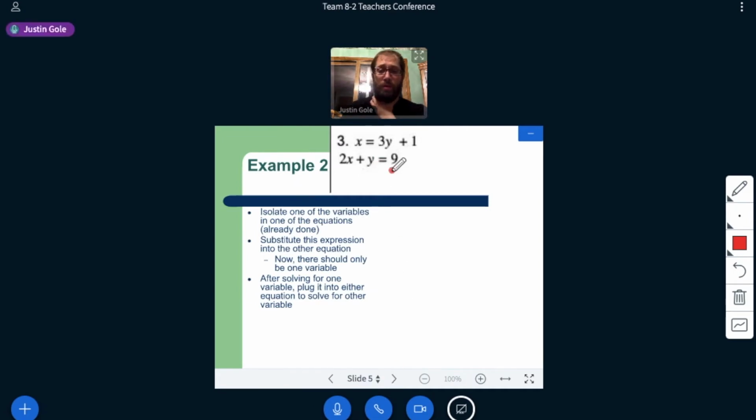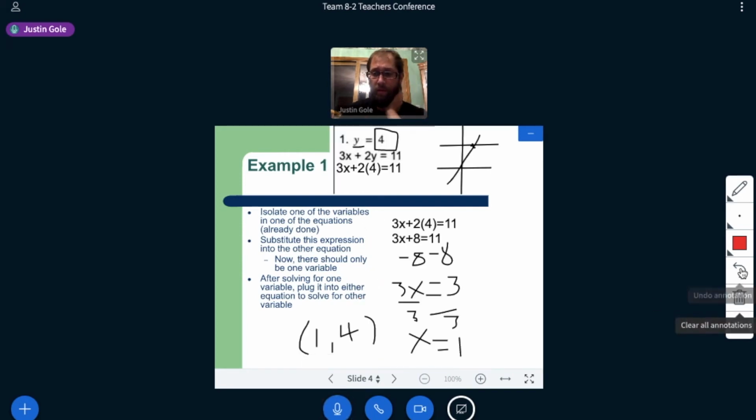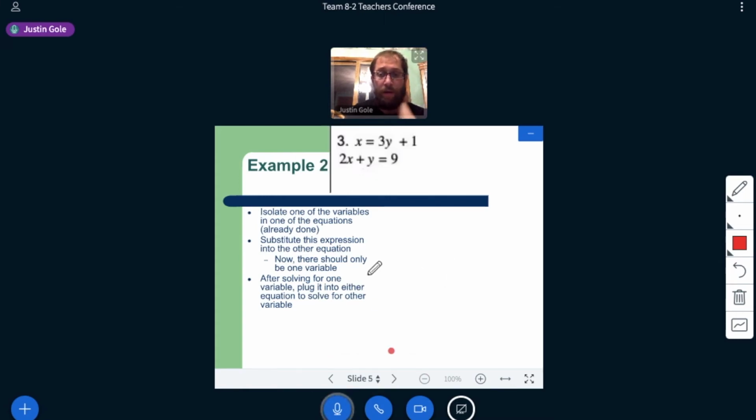So this next equation is a little bit building on it. This last one, this is easier, I'm plugging in the number 4 for y. This next one, x is already isolated, but this is the equivalent expression. This is the expression for x.